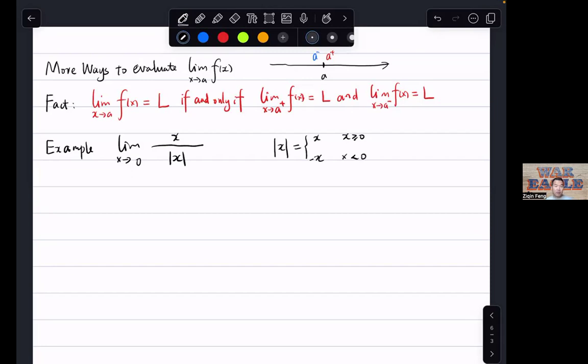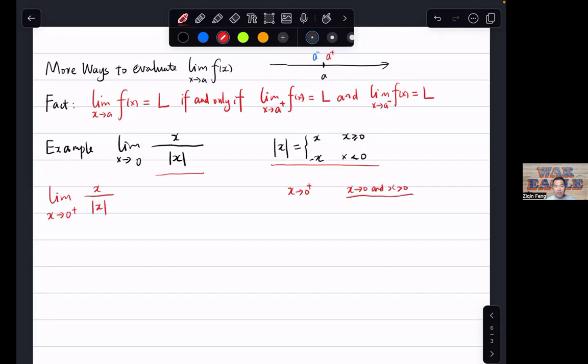So we cannot cancel the factor directly. We want to find a good way to cancel that. You can divide this limit into the limit from the right side and the limit from the left side, and apply the definition to simplify your function form. Let's do the limit from the right side. As x goes to 0 from the right side, x over the absolute value of x. Going to 0 from the right side means x is greater than 0 and goes to 0, so x is positive.